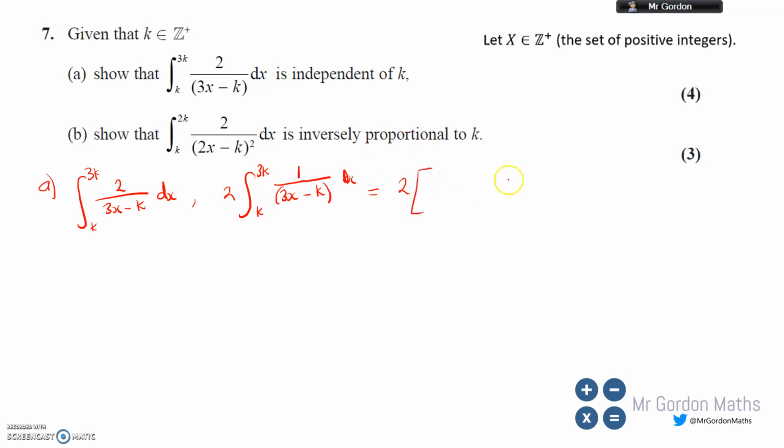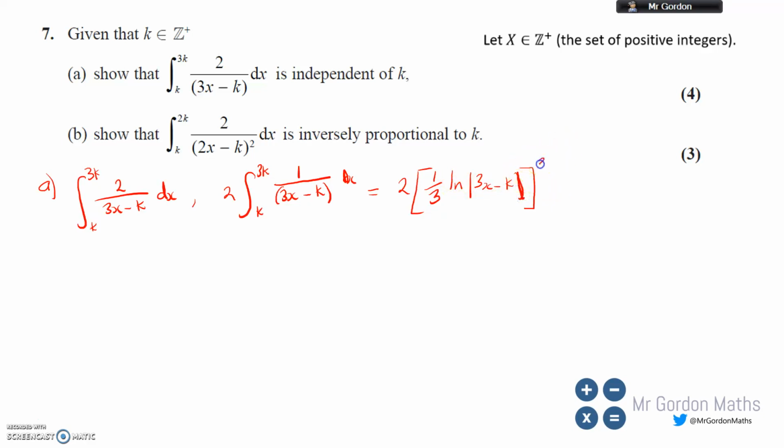The integral of that is going to be 1/3, because we divide through by the coefficient of x, and it's the natural log of what's in the bracket, so the denominator. Sorry, that should be a modulus sign there.